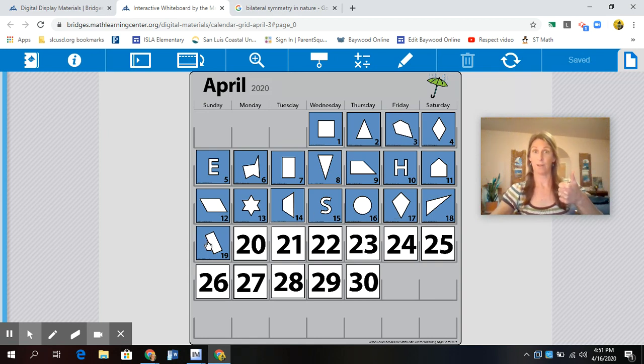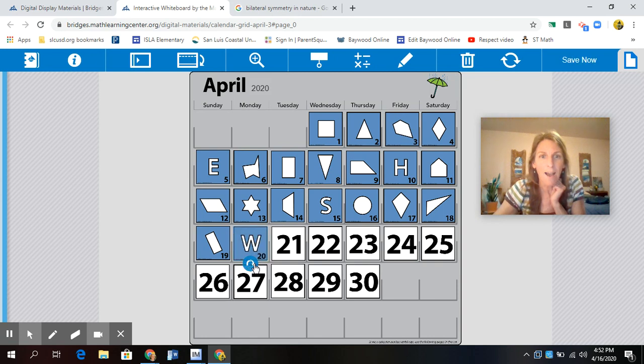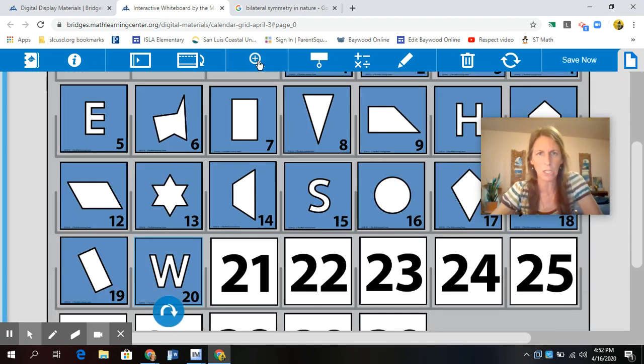What do you think? Today's the 20th. Is it going to be symmetrical or not symmetrical? What is it, first graders? Let me flip it. See if your prediction is correct. Yes, it is symmetrical, and it's a letter. The letter W. Why do they call it a W? Because look at this.